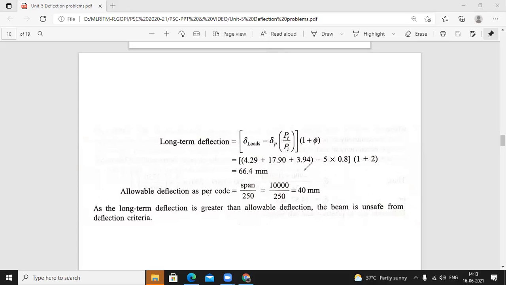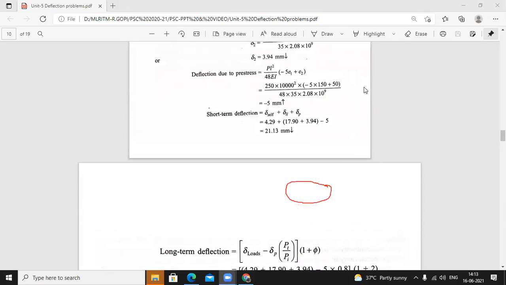So now check this 40 mm against short-term deflection and long-term deflection. What is the short-term deflection value? 21. So it is less than 40 mm. Is it safe or not? Safe, because the deflection is less than the permissible limit.